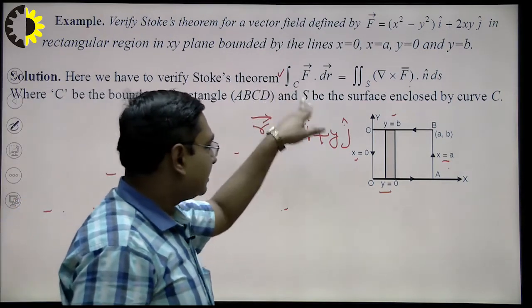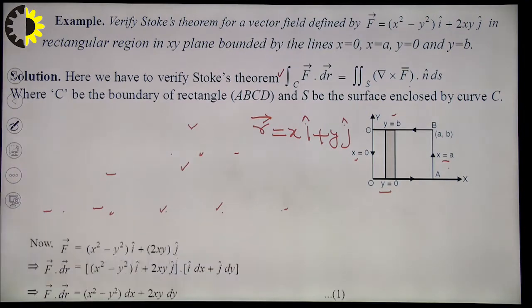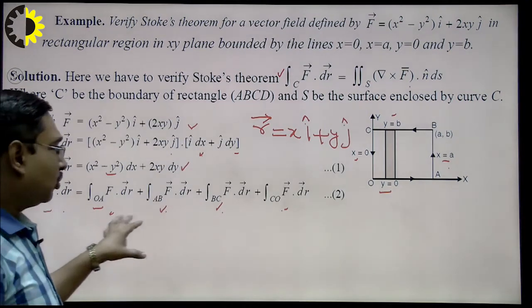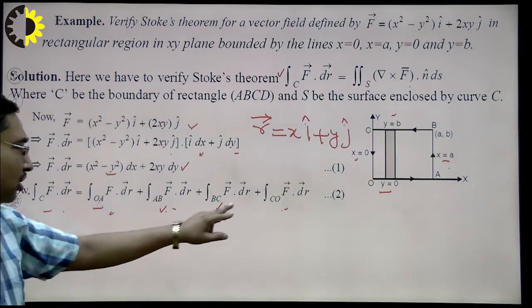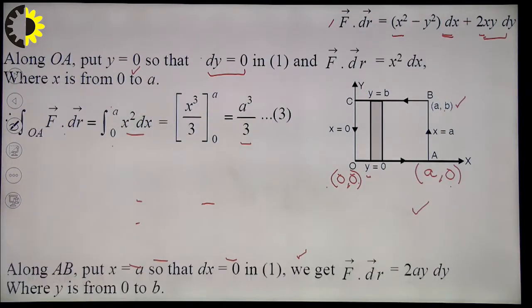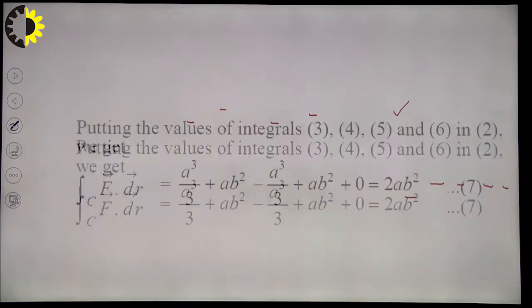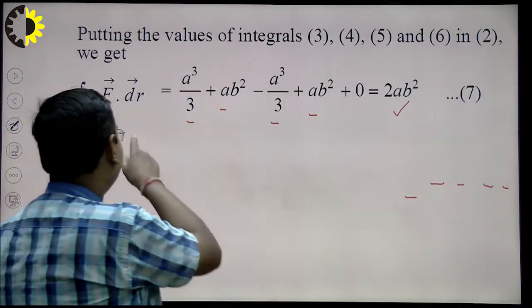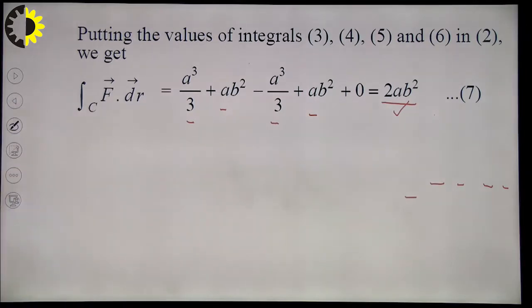Here, this C is the boundary of the rectangle, which consists of 4 parts. Therefore, I have broken the line integral into 4 parts. Each of these separate integrals was calculated, and adding up all those integrals, I obtain the value of the line integral over C of f dot dr as 2ab square.